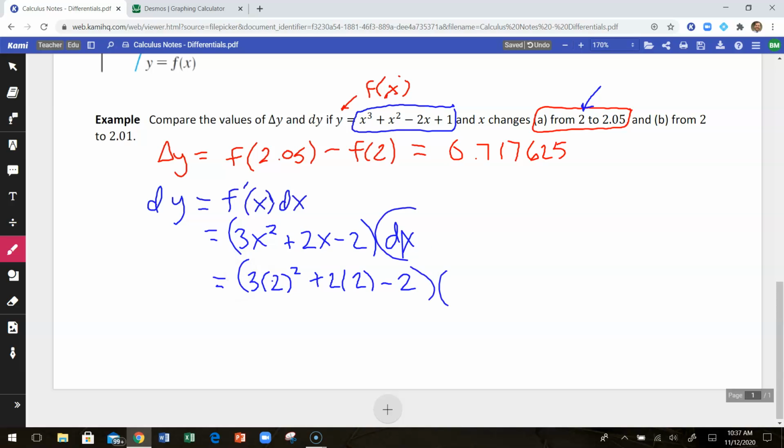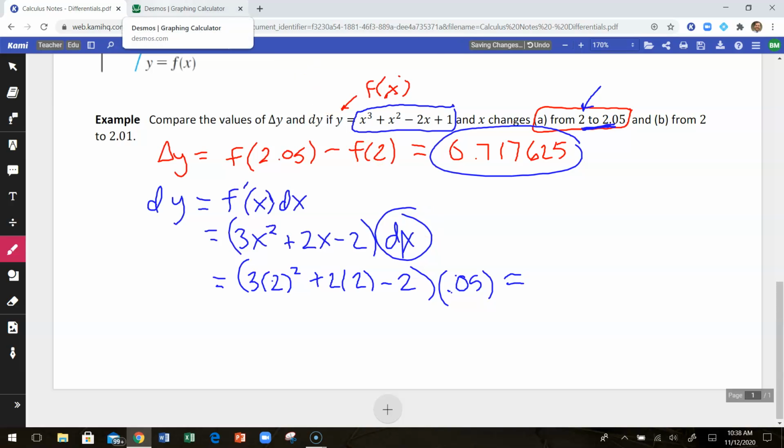And then our dx is our change in x. So what is the change in x here? It's 0.05. 0.05 is my change in x to go from 2 to 2.05. So I can evaluate that, and the idea is because 2 and 2.05 are close, I should get a value for this that is close to that value.